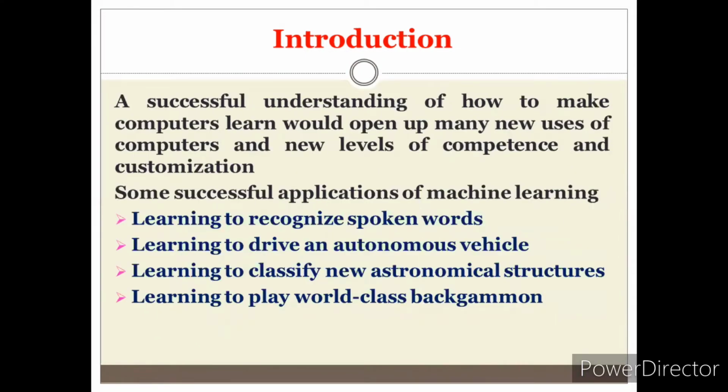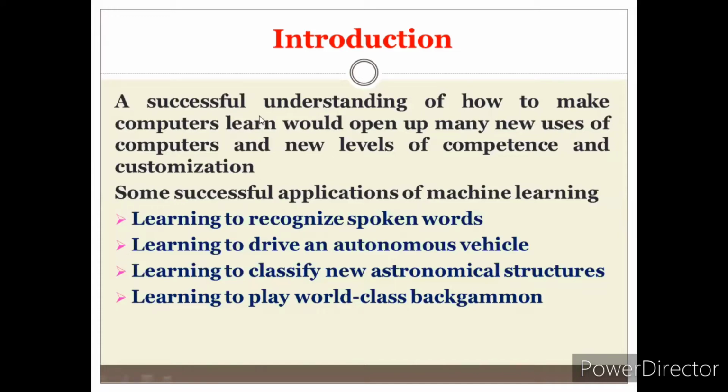A successful understanding of how to make computers learn would open up many new uses of computers and a new level of competence and customization. As we can observe in the present world, how technologies are growing, how computers are learning by themselves. A simple example is Google or Alexa: we use the term and announce the word, the sound is recognized by the Alexa system, and it performs the operation according to the sound, which we can see in a television ad.